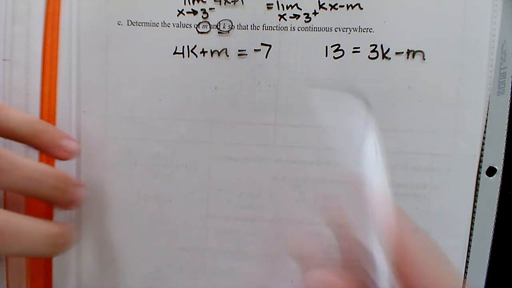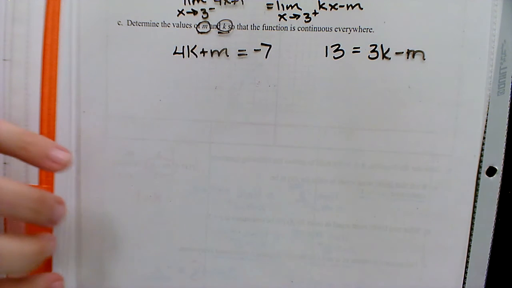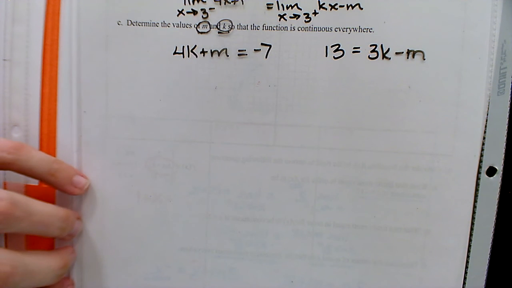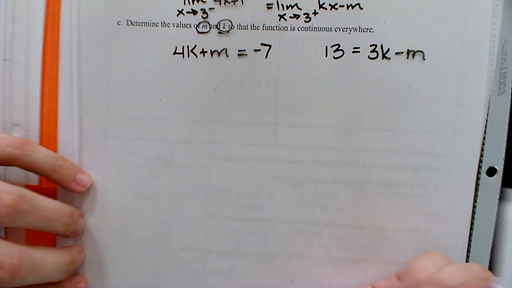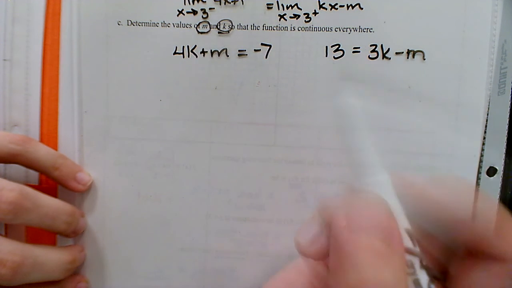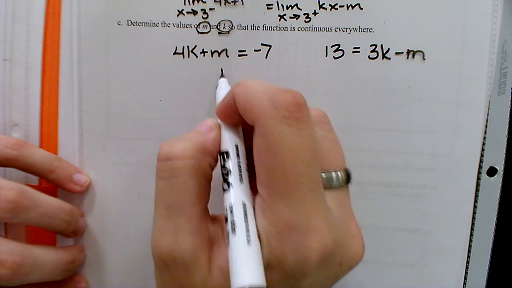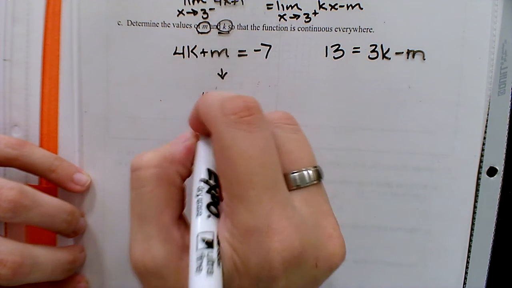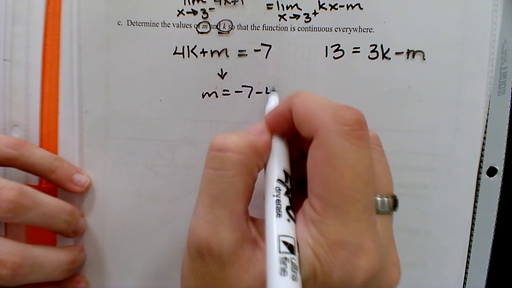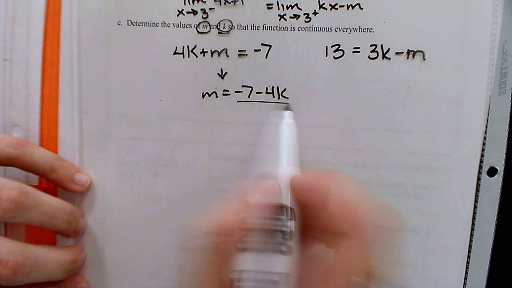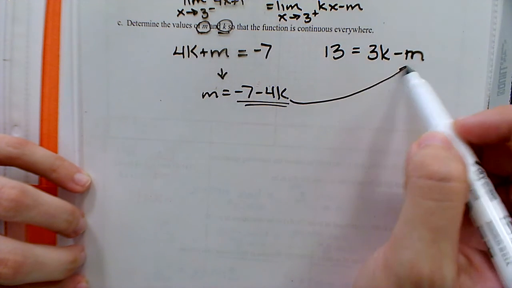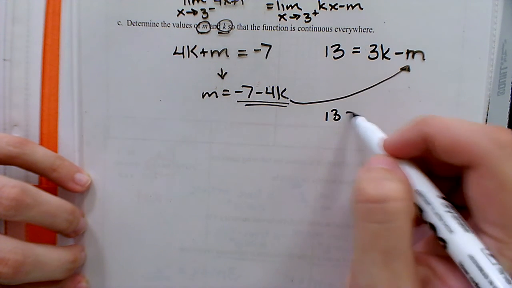Okay, let's check out substitution. For those of you that did substitution, how did you start? Did you pick an equation? Which variable did you solve for? Shouldn't matter. Okay, so you subtracted the 4k over. So let's take -7 minus 4k, and we're going to plug it in to that m.